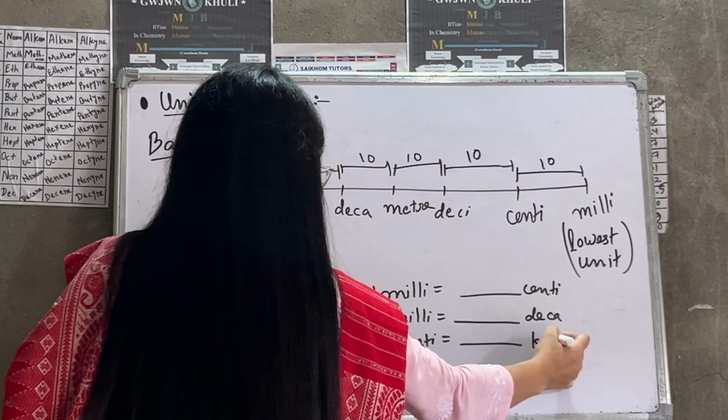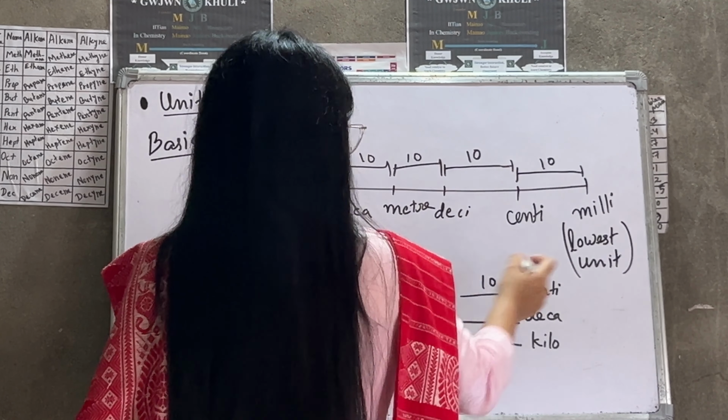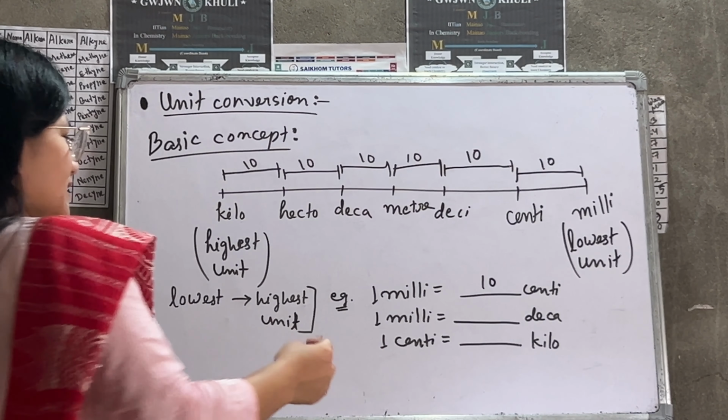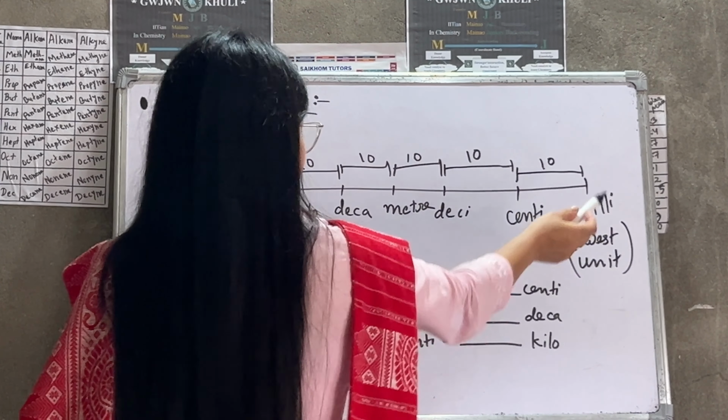From milli to centi, the difference is 10 unit. From milli to deca, the difference is 10 into 10, which is 100. And from centi to kilo, the difference is 1, 2, 3, 4, 5, which means 10 to the power 5.